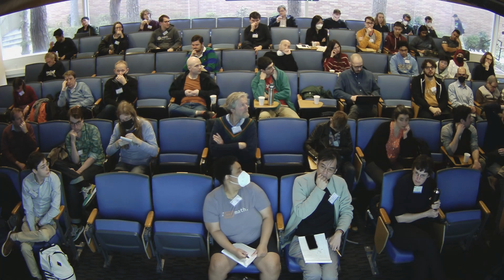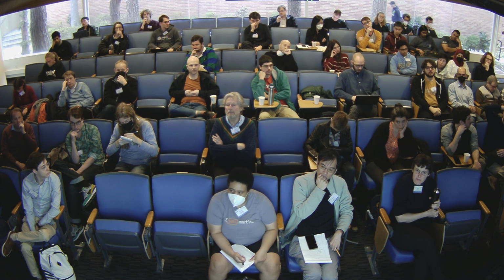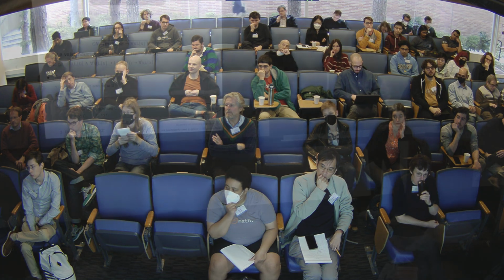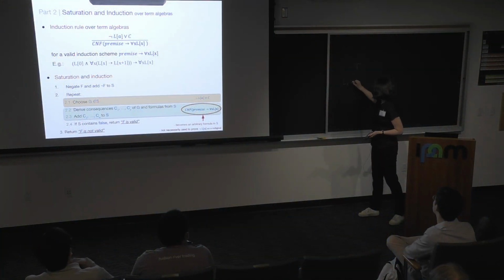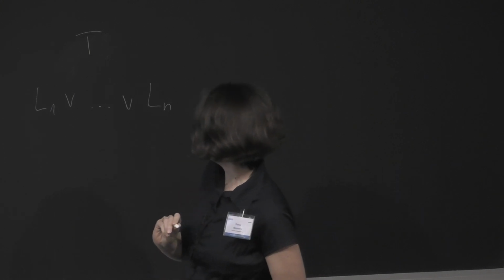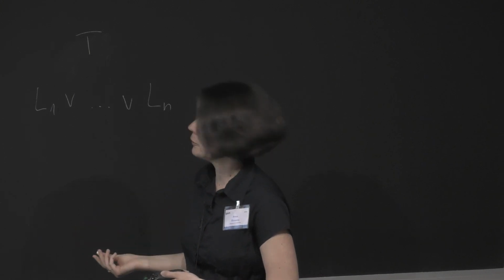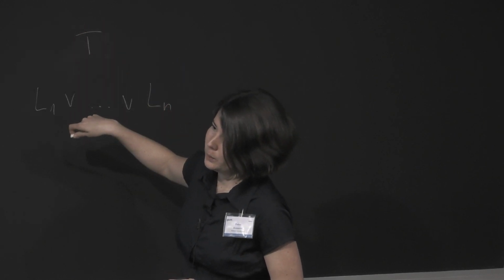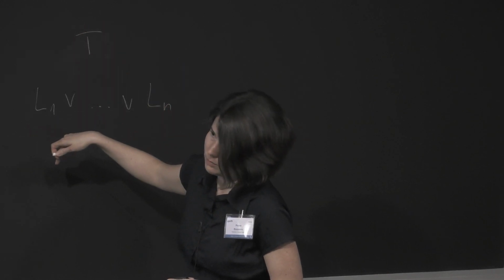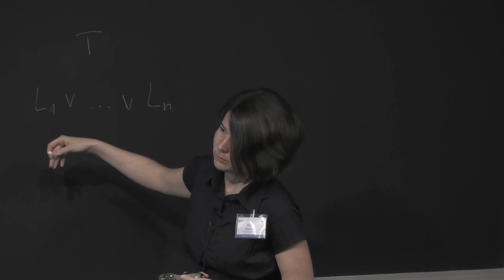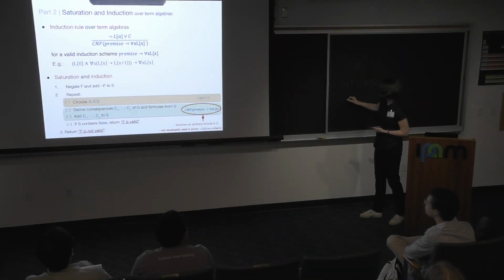Question, yes? Can you recall what exactly you call clause and clausify? Oh, okay, yeah. So a clause is a disjunction of literals. And by clausification, I mean the process of converting any formula to an equivalent clause or a set of clauses.